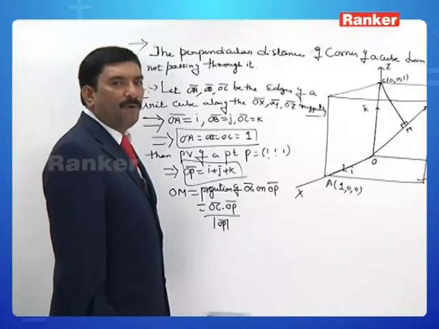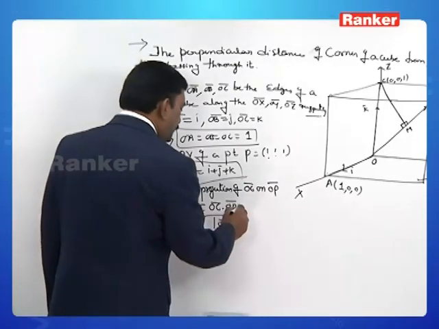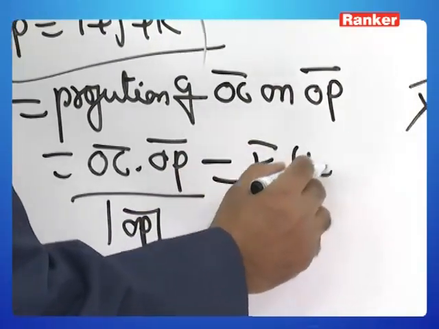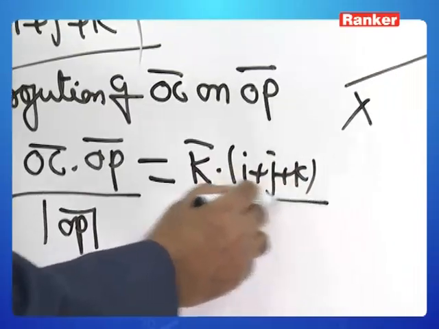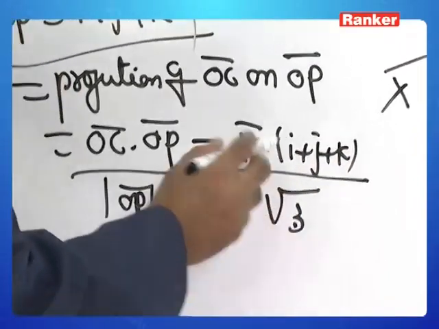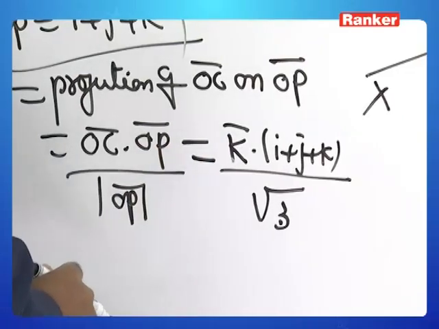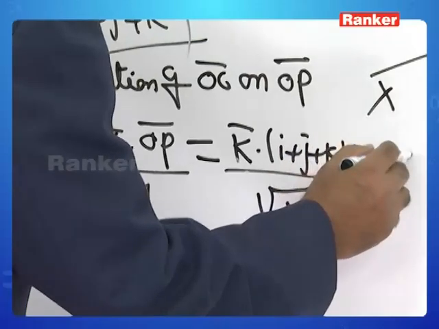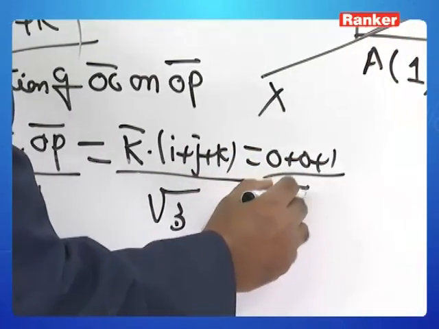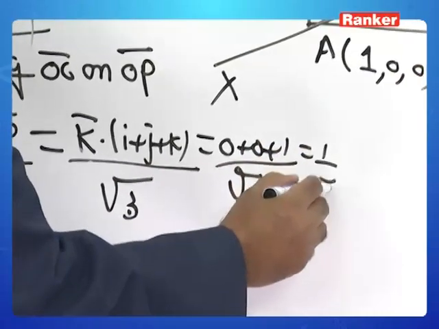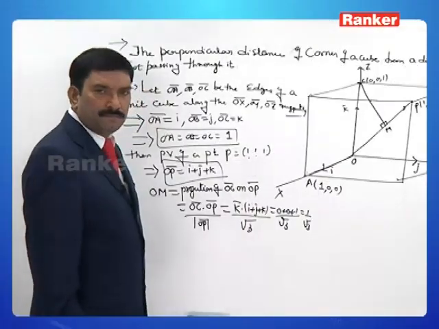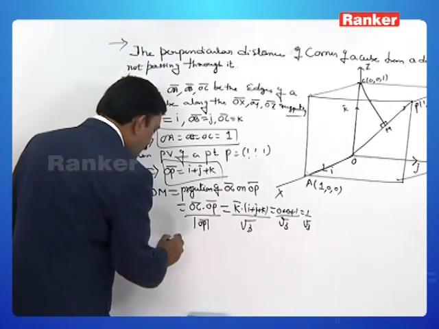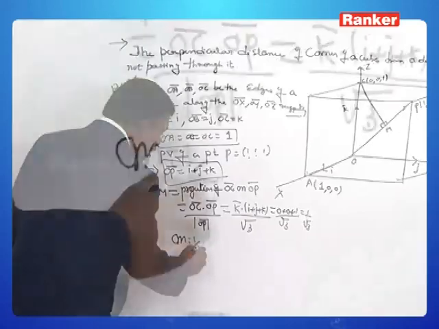OC bar is K bar, so this is K dot of I plus J plus K whole divided by root 3. K dot I is 0, K dot J is 0, K dot K is 1, so 0 plus 0 plus 1 by root 3. This is 1 by root 3. So we have OM equal to 1 by root 3.